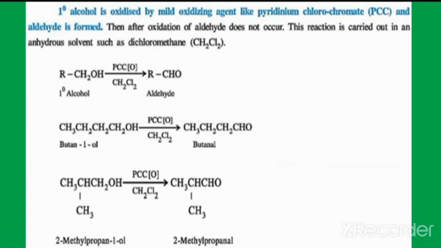The primary alcohol can also undergo oxidation in the presence of PCC, pyridinium chlorochromate, in dichloromethane, which gives the aldehydes.